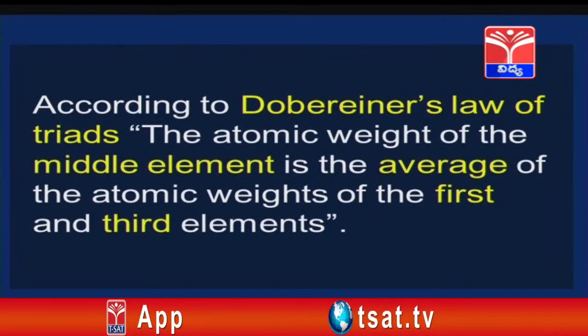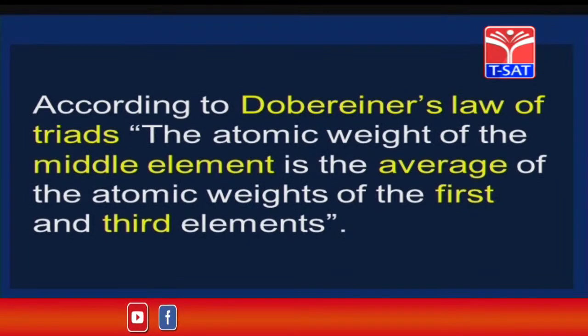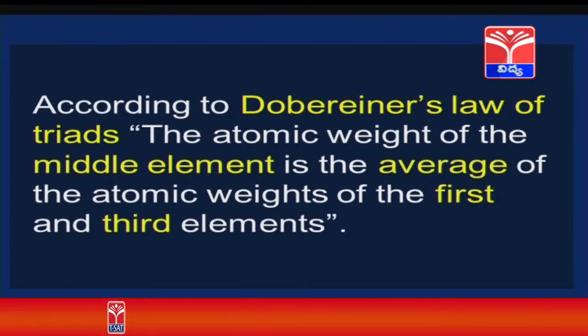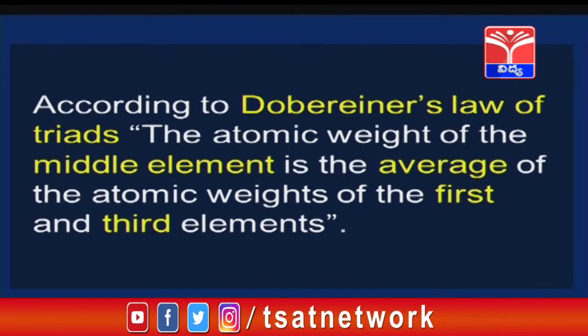According to Dobereiner's law of triads, the atomic weight of the middle element is the average of the atomic weights of the first and third elements. It means, always in Dobereiner's law of triads, the atomic weight of the middle element is the average of the first and third elements.